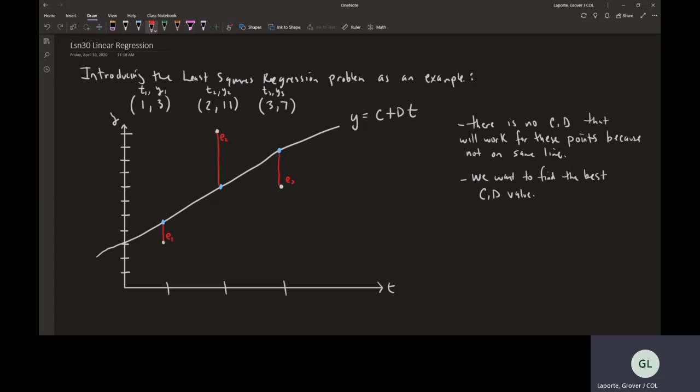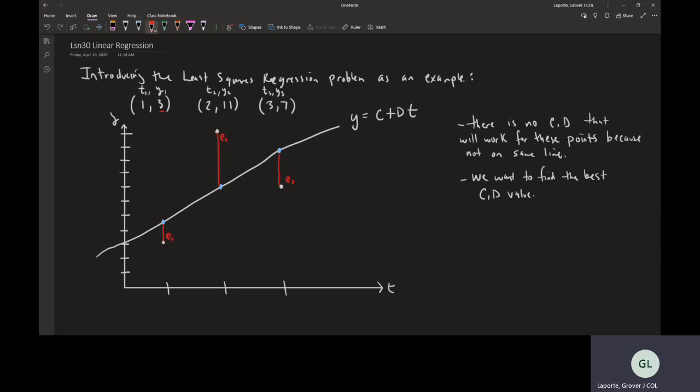The idea behind least squares regression is that we're going to subtract, for the first one, 3 minus whatever number actually appears on the line. If you just added E1, E2, and E3 together by themselves, it could end up being 0. So we want to square each one of those so that we can minimize them.